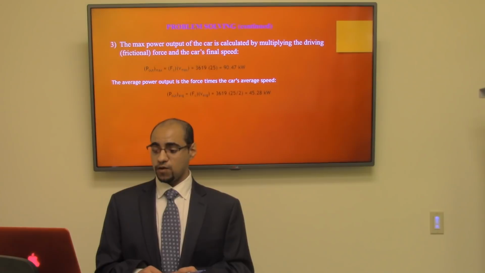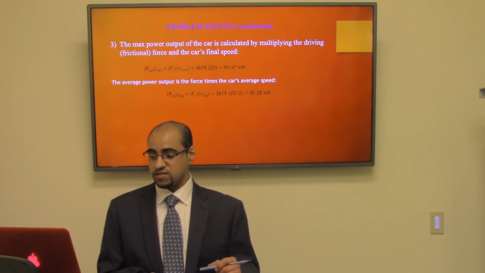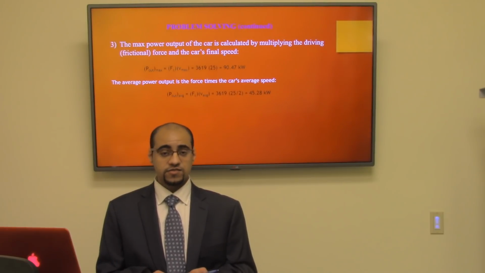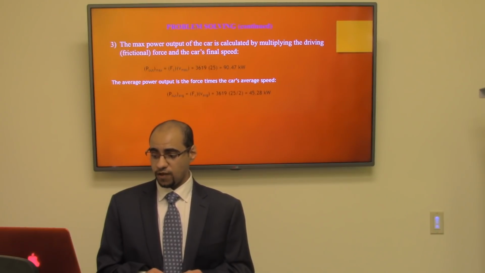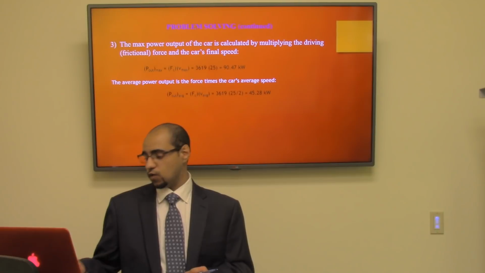The average power output, using the average speed, P out average equals Fc v average, which is 3,619 Newton multiplied by 25 over 2, which will give us 45.28 kilowatt.